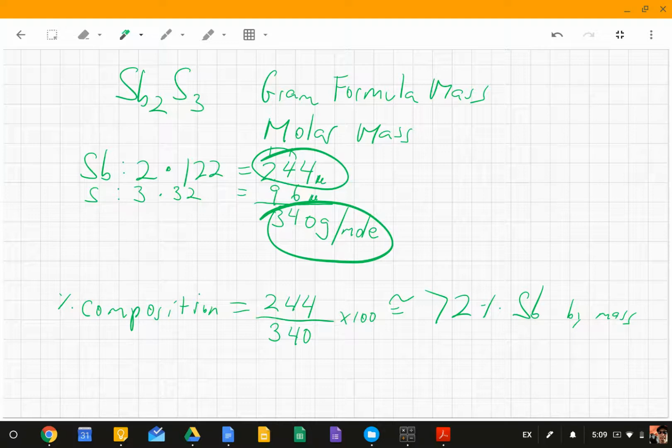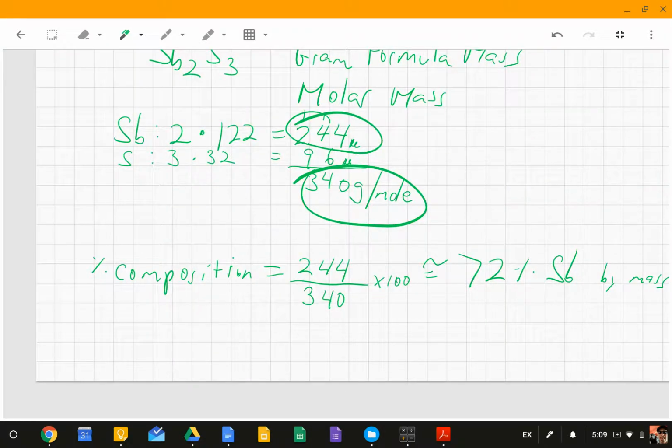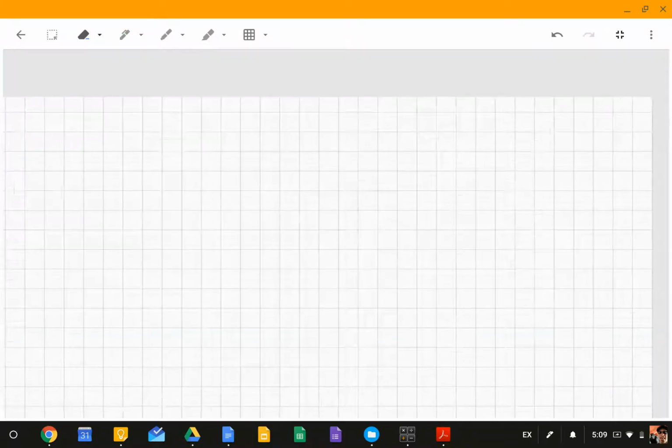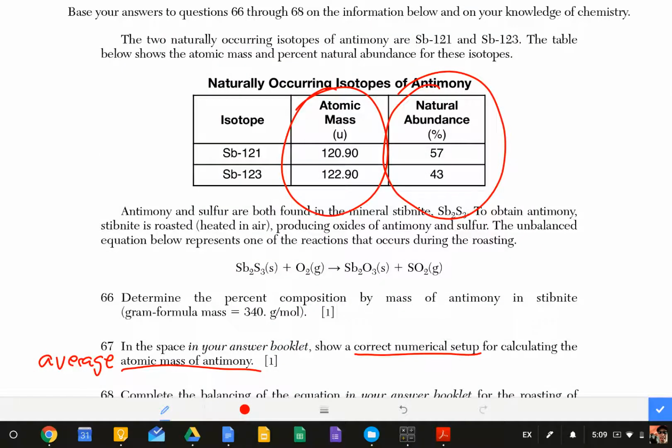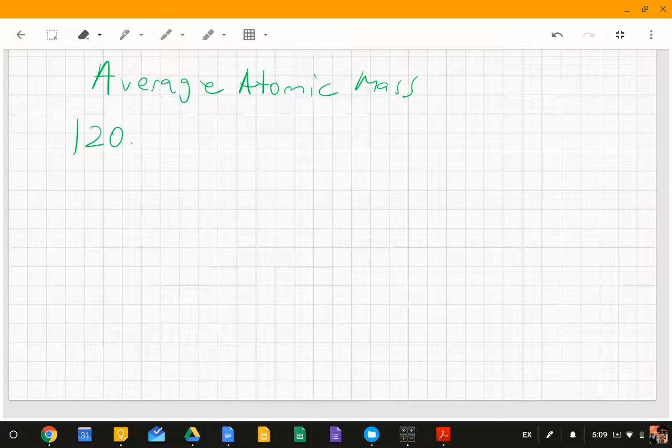So what we would do to calculate the average atomic mass. So they said that the mass of one isotope is 120.90. And what we're going to do is multiply that by the percent.